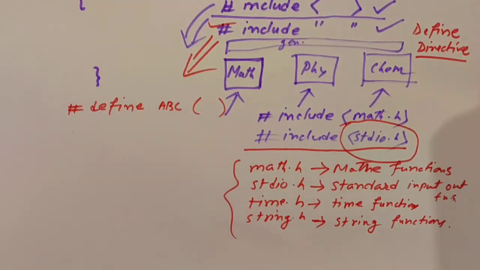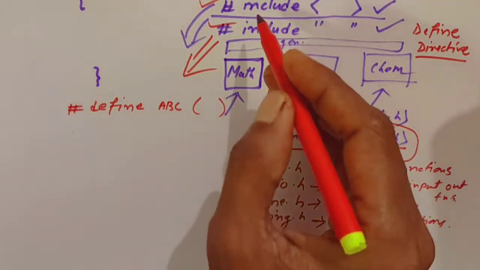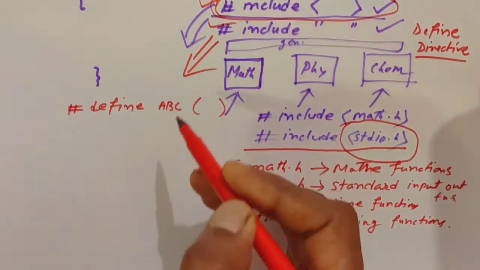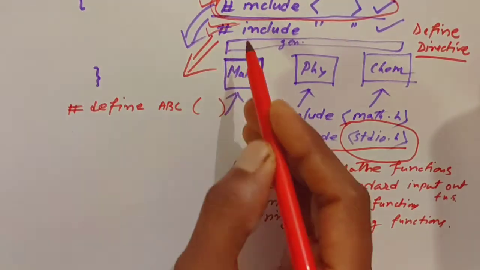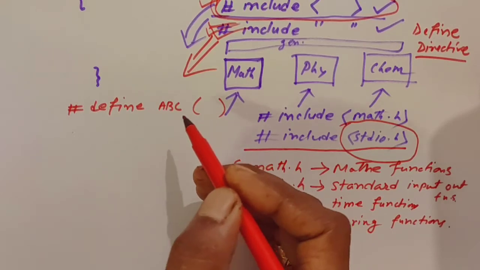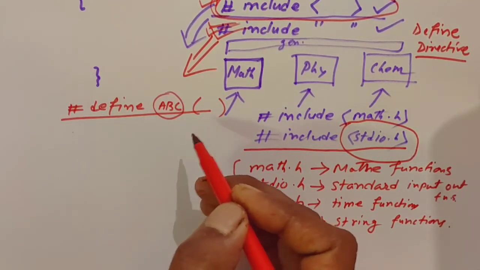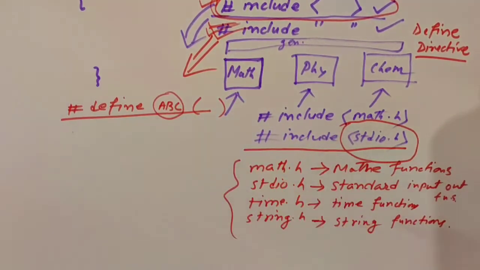The basic difference between these two is that when you write this one, the C program will try to find the file in the directory where C is installed. But when you use that, you have to make one file called ABC, and it will search in the current directory where you are running the program.